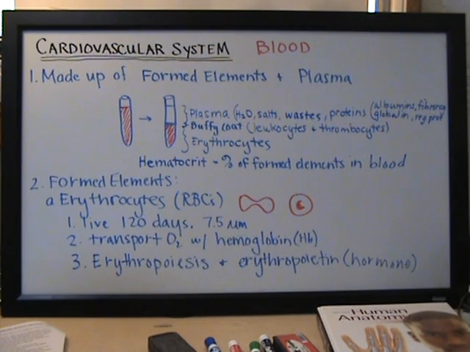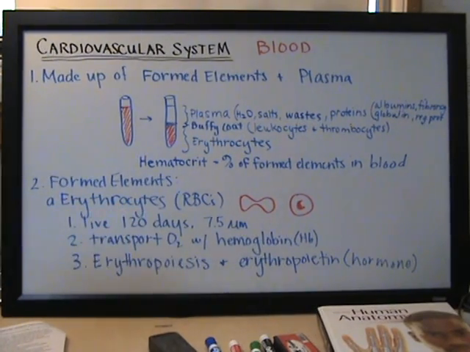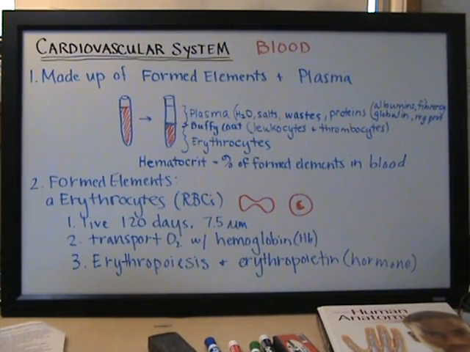When we go up in altitude, up into the mountains, our body detects that there's not a lot of oxygen up here at high elevations, and so we secrete erythropoietin and make more erythrocytes.